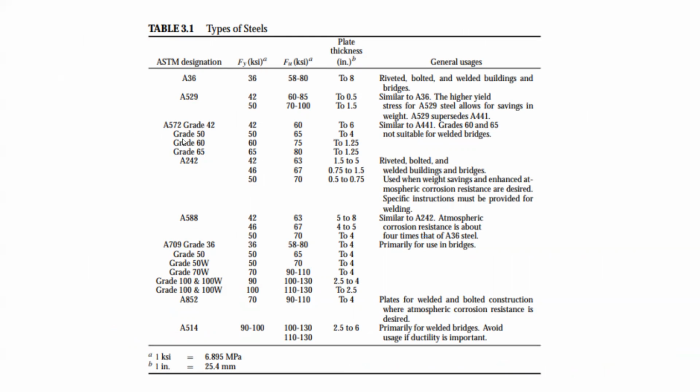Yung katulad nung kanina, pag sinabing grade 60, katulad nito, ayan, automatic 50, grade 50, 50 KSI yung Fy natin. So, I'm going to give you a copy of this PowerPoint para pag hindi mo makita sa notes mo, at least meron tayong extra copy within the group chat. Ayan.